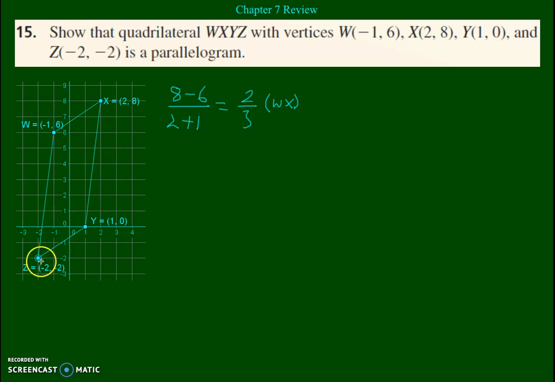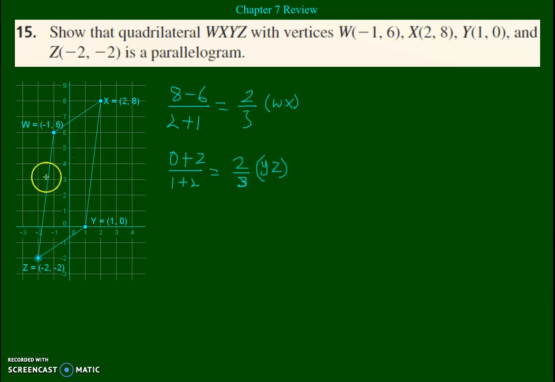Now let's do YZ. So we have the difference of the y's, 0 minus negative 2 over 1 minus negative 2, which is 2/3. And this is YZ. Okay, so these are clearly parallel.